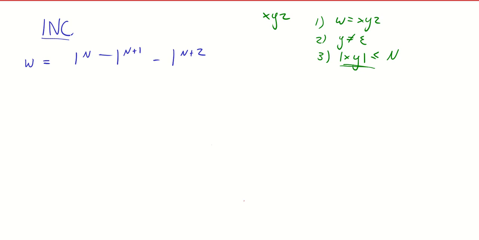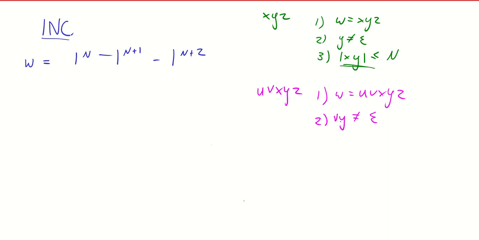The rules for the double pumping lemma are, number 1, our word must equal u, v, x, y, z. So in the double pumping lemma, we're breaking our words up into U, V, X, Y, Z. And our Y and V together cannot be empty.